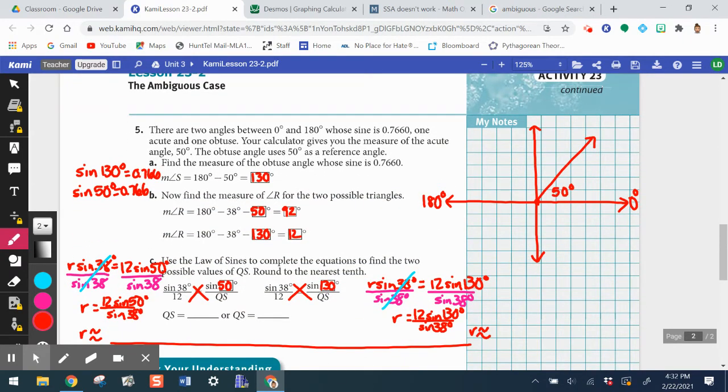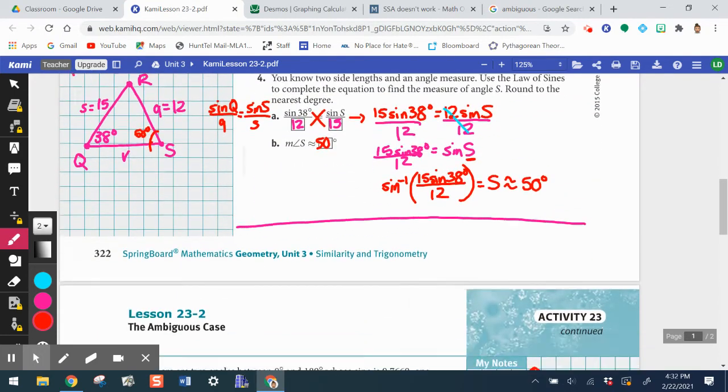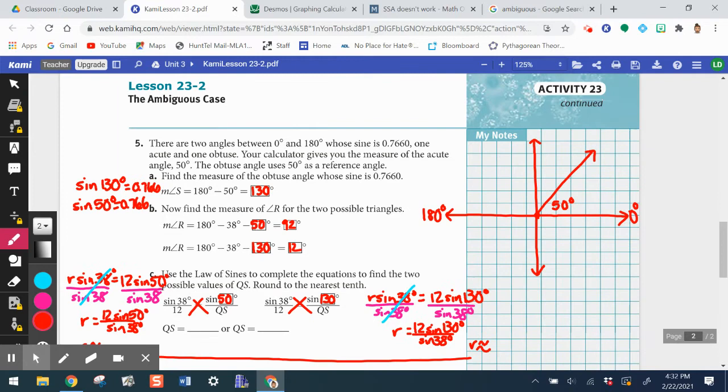So there are two angles between 0 and 180 degrees whose sine is 0.766, one acute and one obtuse. And think about what we're exploring here, one acute, one obtuse. In fact, the angle whose sine is 0.766 is the angle 50 degrees.